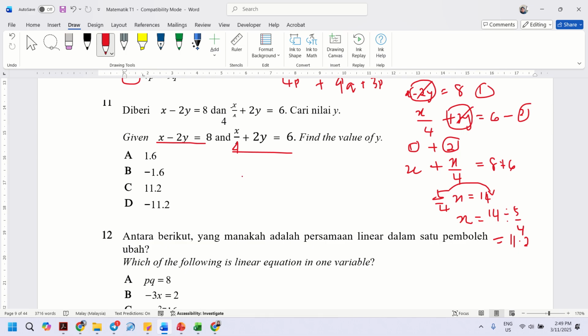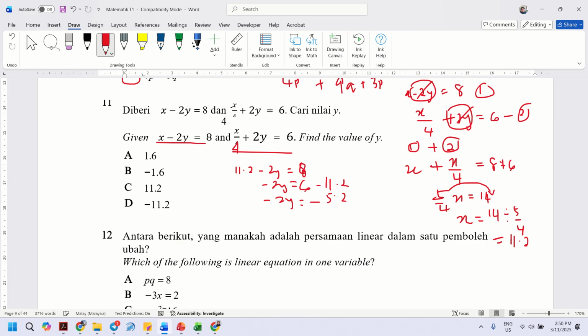So what is the value of y? You have x equal to 11.2. From equation 1, x minus 2y equal to 8, so negative 2y equal to 8 minus 11.2, and you have negative 2y equal to negative 3.2.